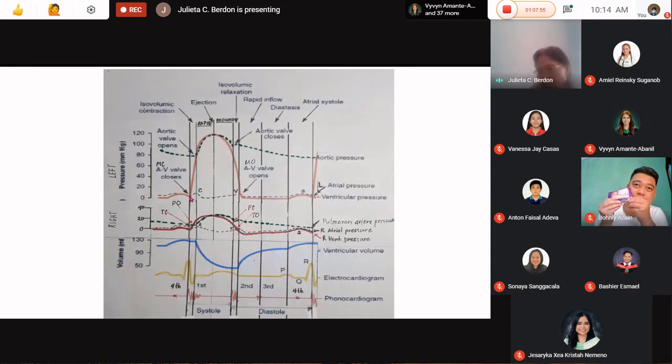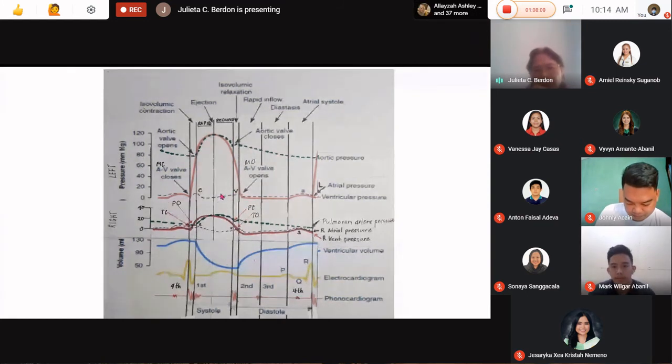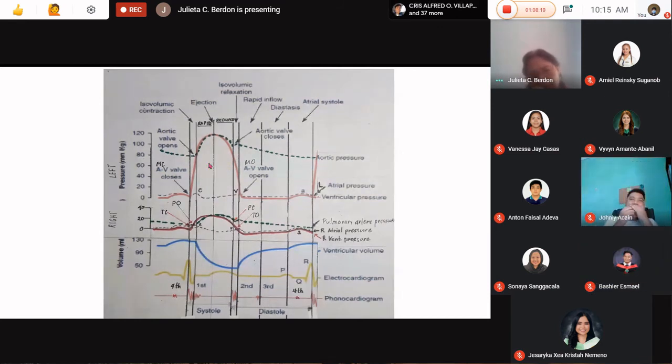You should just try to be able to differentiate the changes in pressure. Like, for example, which has the highest pressure in the ventricle, or what changes happen. Try to compare the pressures between ventricle and aorta, between ventricle and atrium, where there is a rapid rise, a rapid decrease.